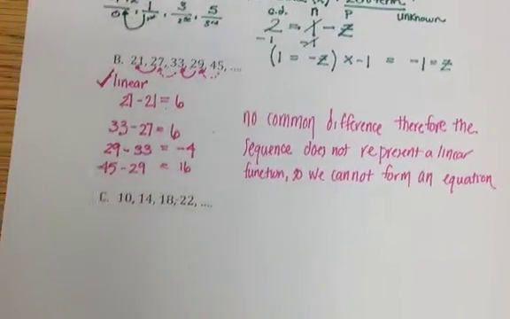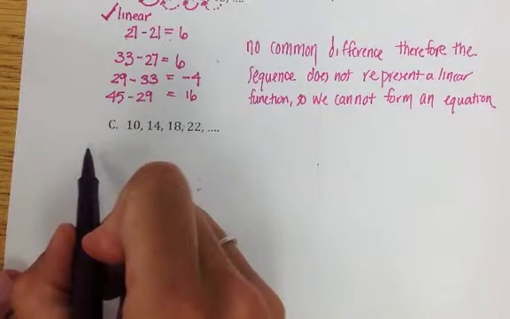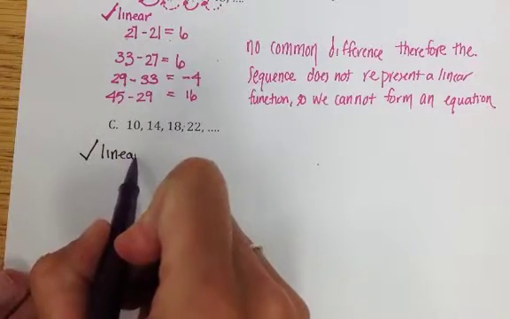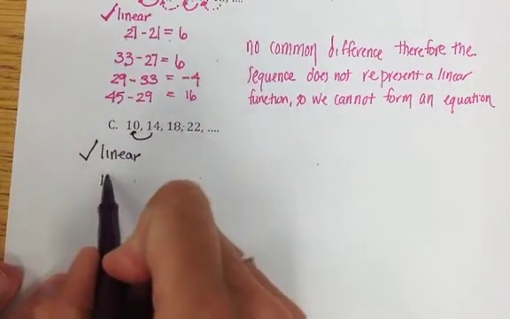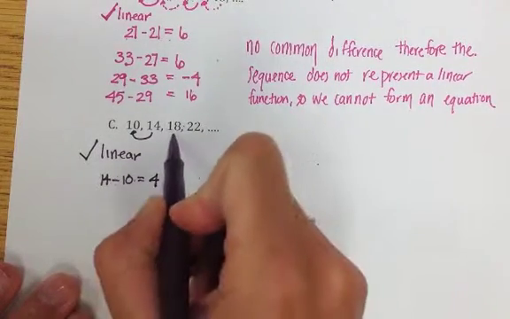All right, let's look at example C. The sequence given to us is 10, 14, 18, 22. So the first thing we're going to do is check to see if it's linear. So we have 14 minus 10, which gives us 4.